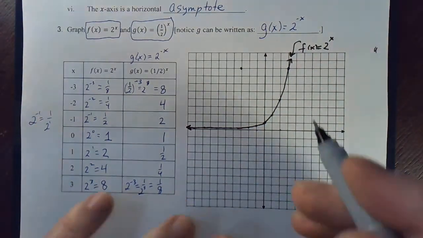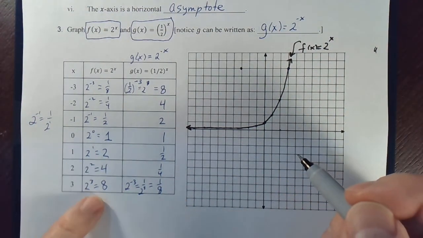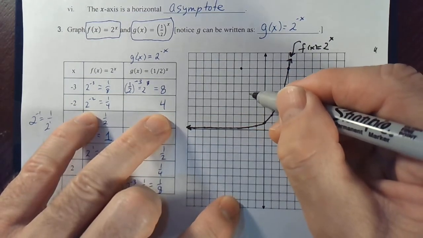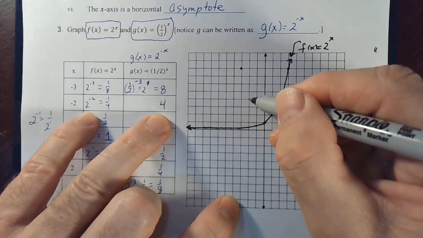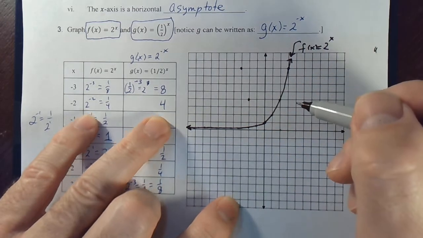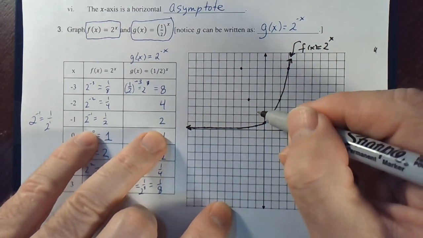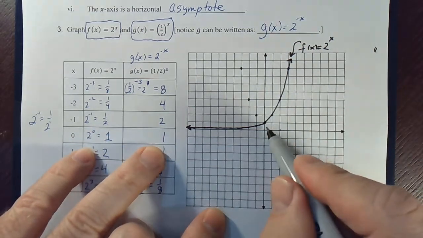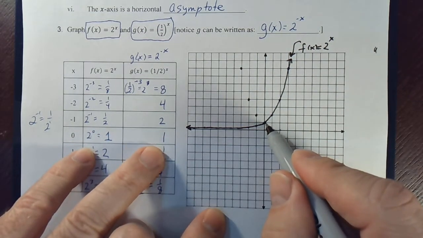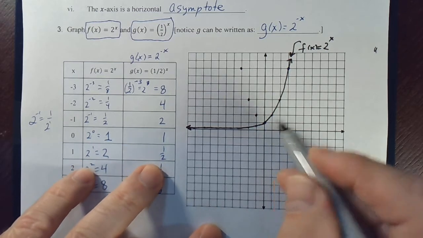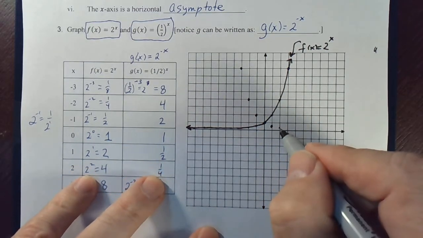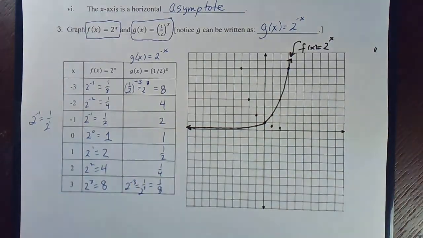Okay. And -2 is going to be 4, a height of 4. -1 has a height of 2. 0, 1. Well, this point they both have in common. 1, 1/2, and then 1/4, and 1/8, and so on.